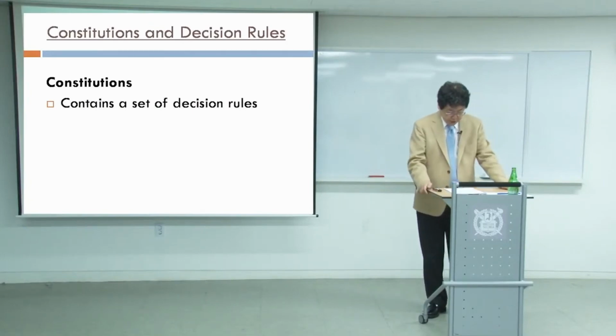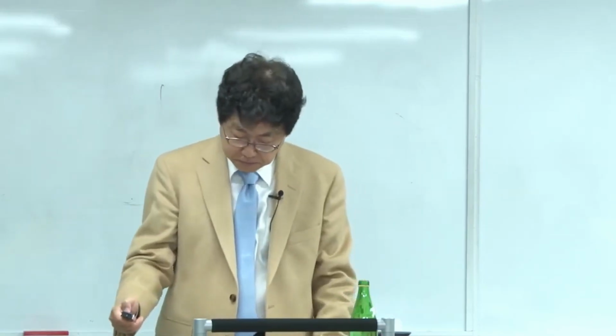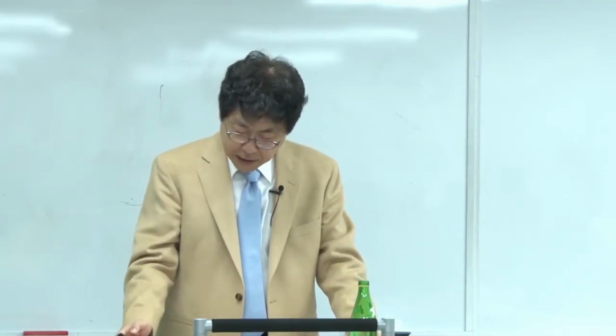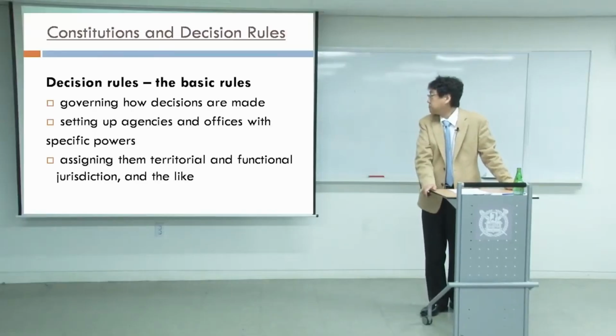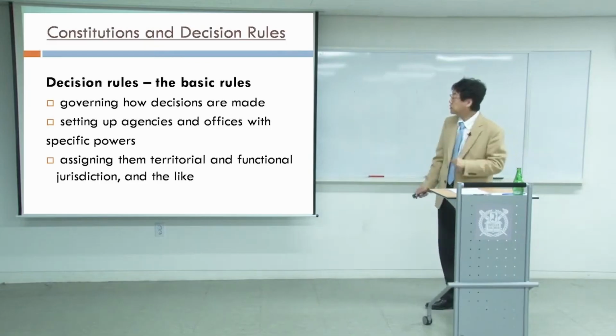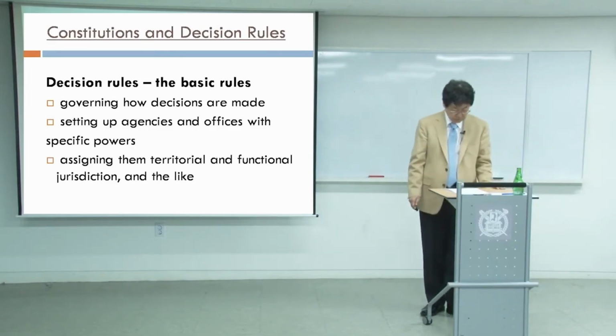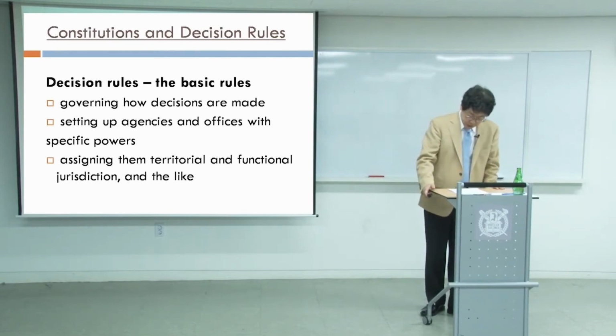And a constitution contains a set of decision rules, the basic rules governing how decisions are made. The Constitution tells us how policy decisions are made. Setting up agencies and offices with specific powers.